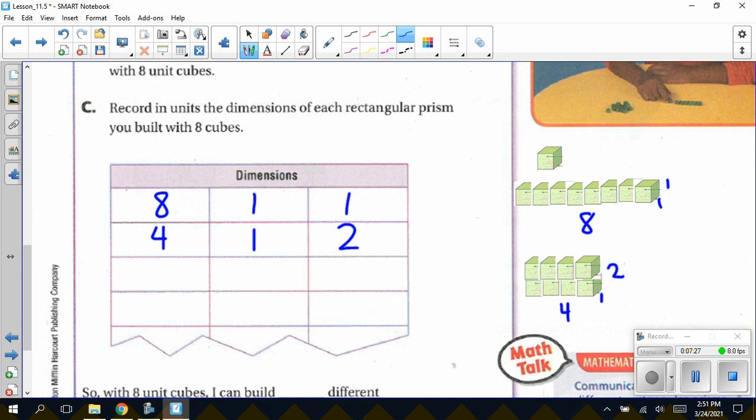And my final way that I could create a prism using 8 cubes, so this might be a little difficult, pardon my picture. And then if I would place cubes directly in front, sorry, trying to make it so that way you can still see all 8 of my cubes.